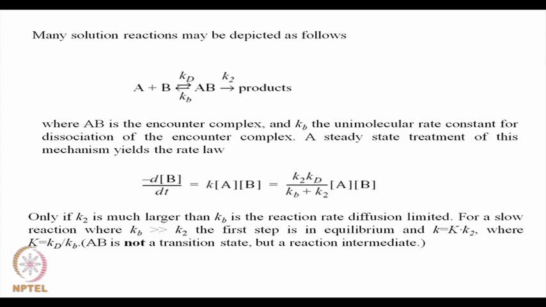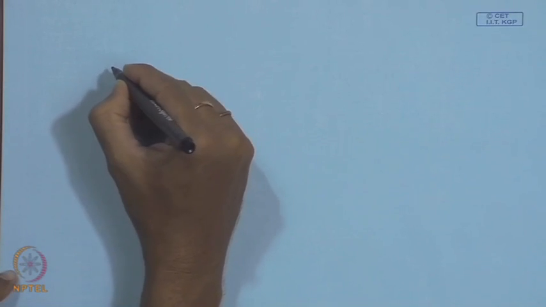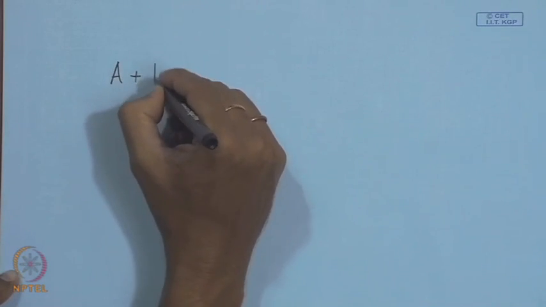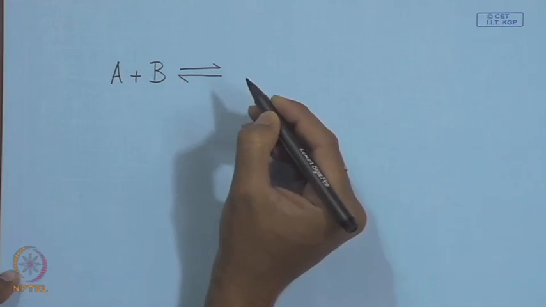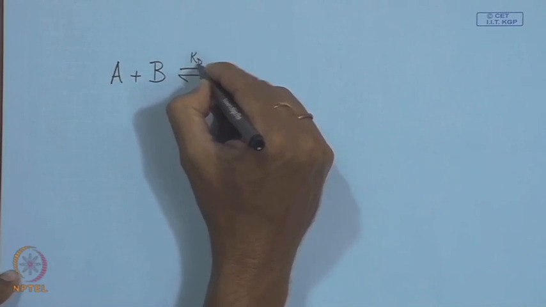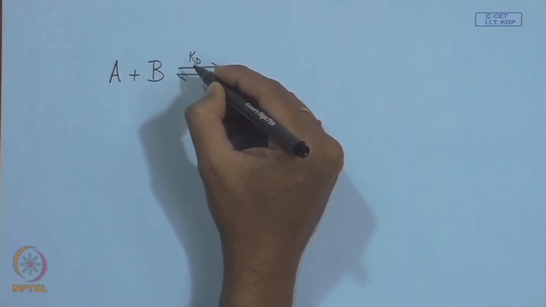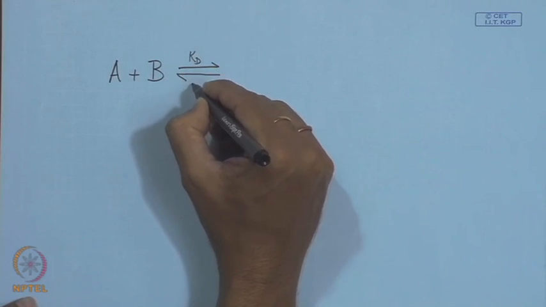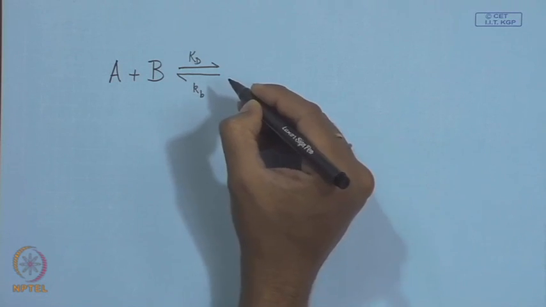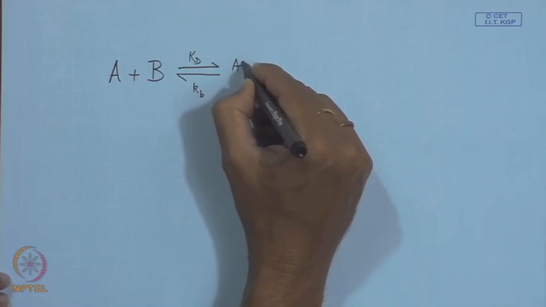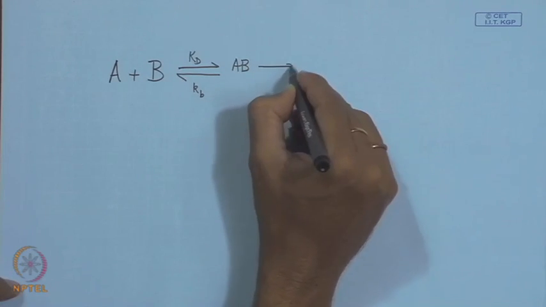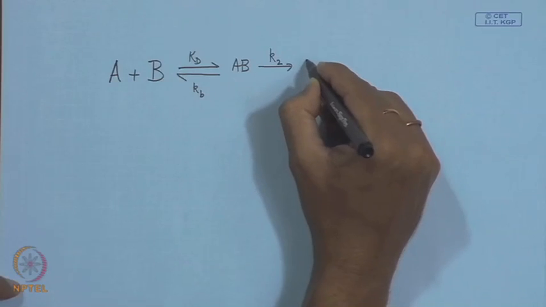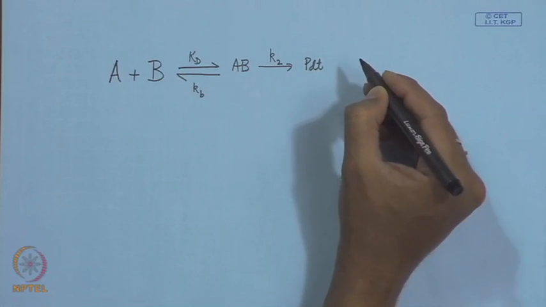That is A plus B in equilibrium, with Kd and Kb, giving rise to AB, and then K2 giving products.